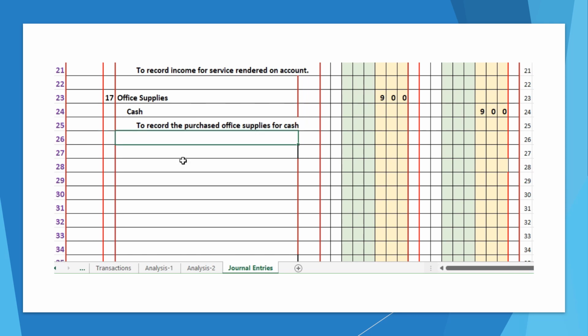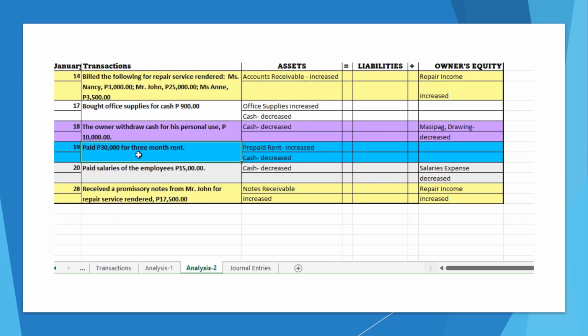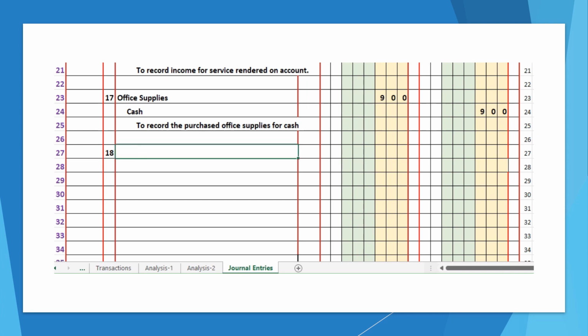Now, how about January 18? Can you recall that? Okay, let's go to our analysis. January 18. Okay, the owner withdrew cash for his personal use, 10,000. So, we're going to copy the drawing account. Drawing. Okay. And then, edit. How much? 10,000, right?